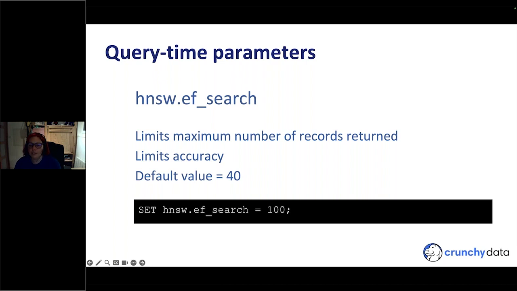The default value of this is 40, which means that if you try to return 100 nearest neighbors with that default value, your query will actually only return 40 rows. So if, for example, you want to return 100 nearest neighbors, you need EF search set to at least 100. A smaller value of EF search will give you faster queries, but at the risk of inaccuracy and also a smaller number of values that you can return.